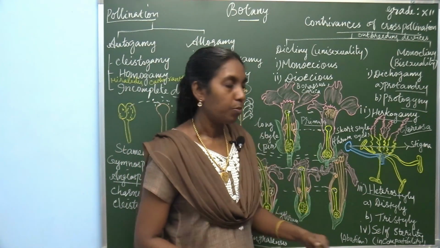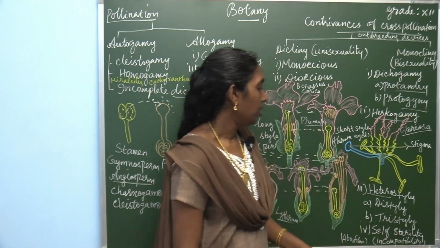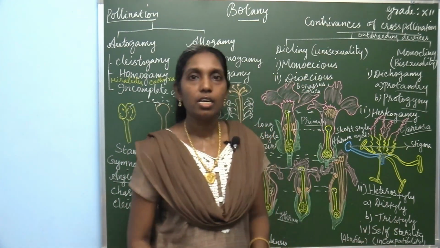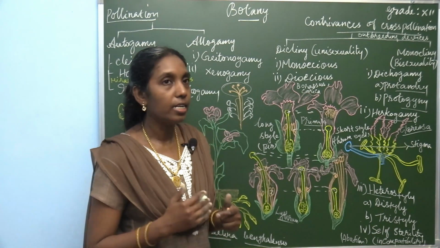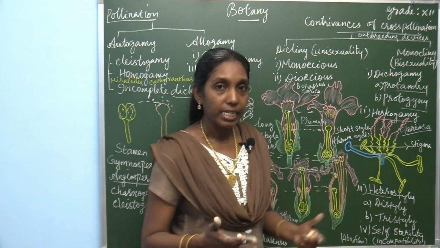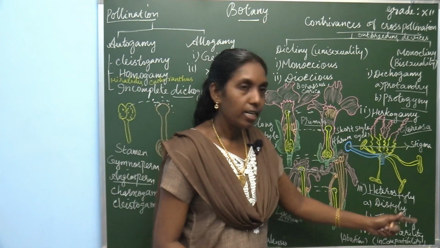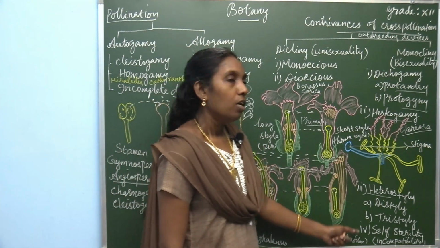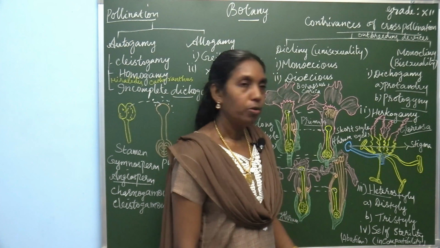Then the last type is self-sterility. It is one of the contrivances, self-sterility, or it is known as incompatibility. One example is Abutilon.